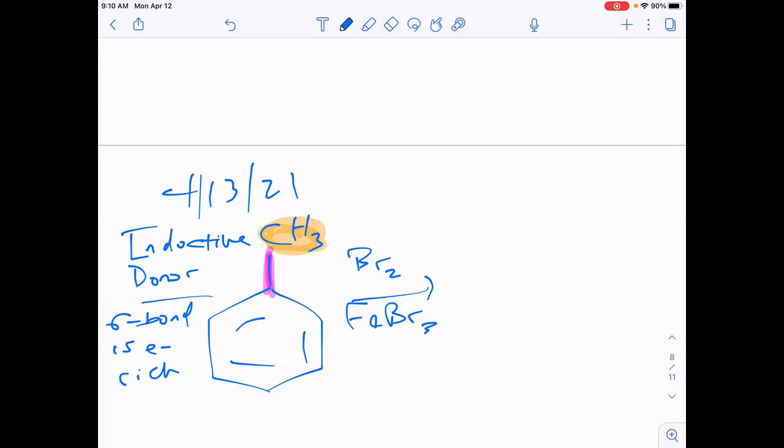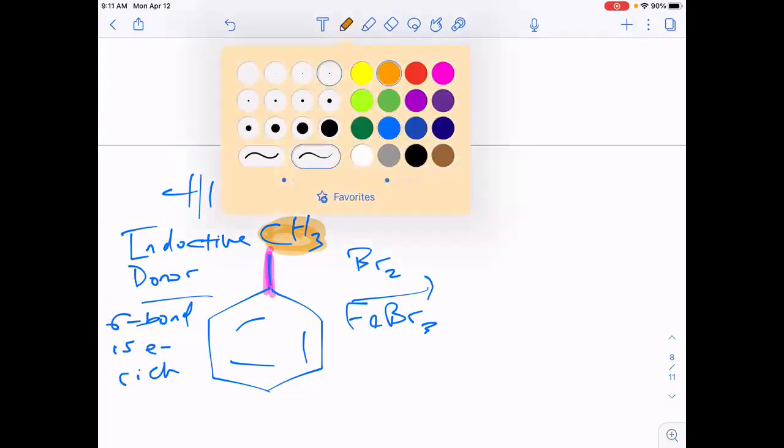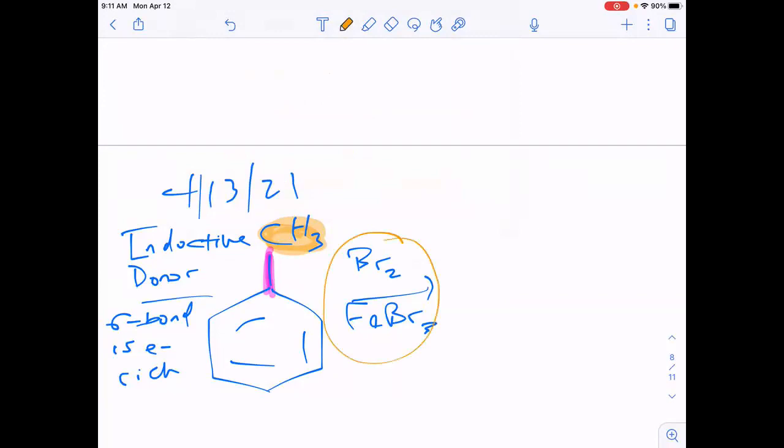So what would the products be from this reaction? Anybody? If you have this set of reagents, bromine in the presence of iron bromide, what would the product of that reaction be?